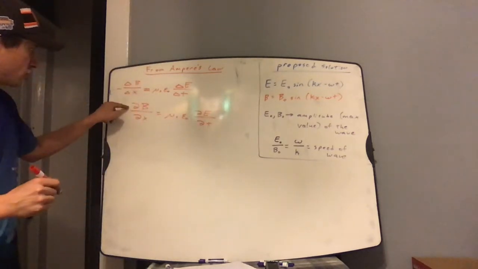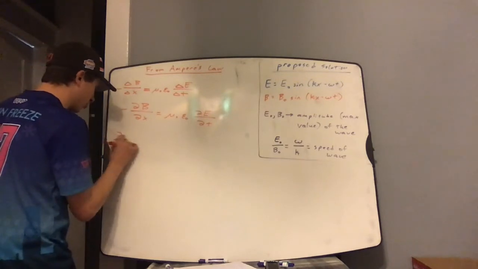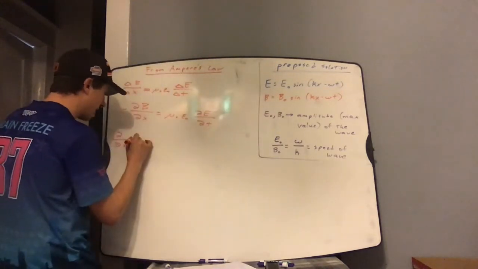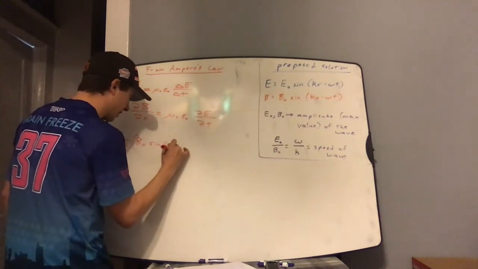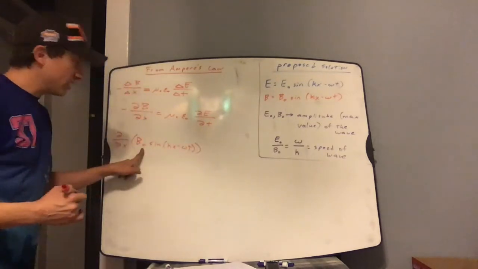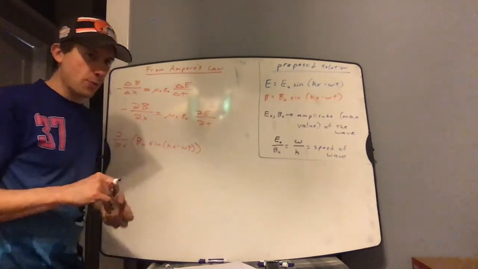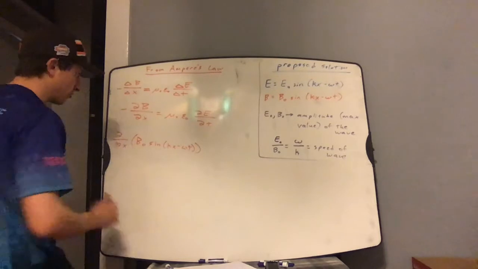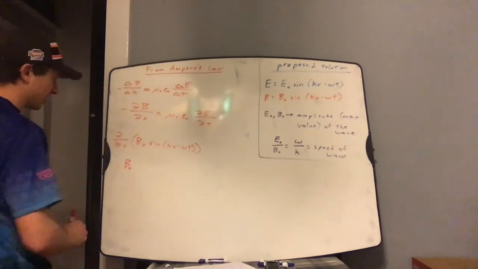So what is this partial of B with respect to X? We could find that. So partial with respect to X of this term here, I have B naught sine kx minus omega t. B naught is the amplitude or the maximum value of the magnetic field. That is a constant in what we're talking about here. So B naught will come out front because it's constant.